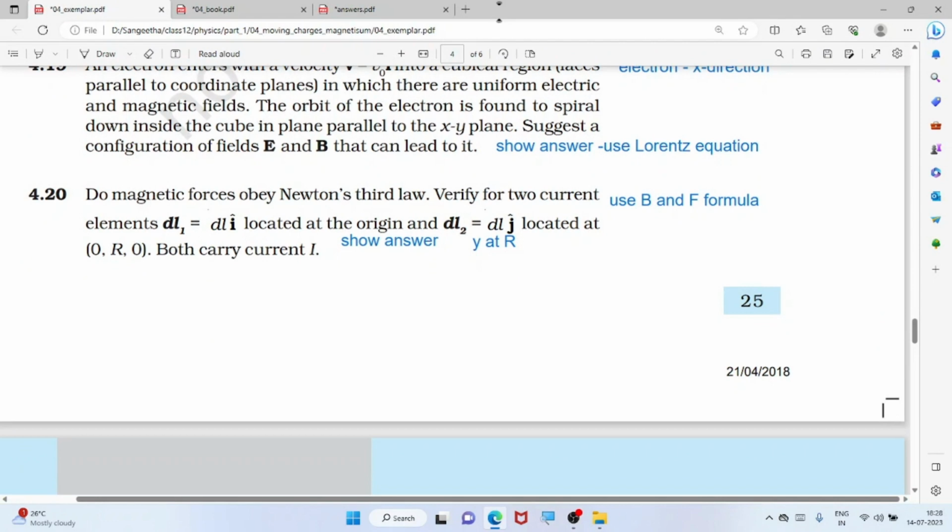Two magnetic forces obey Newton's third law. Verify that for two elements located at the origin and at this position. So here the Y position is at R, the other is at origin 0, 0, both carrying the same current.